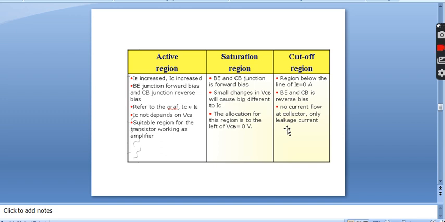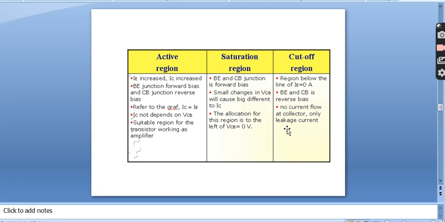In this cutoff region, base emitter and collector base are both connected in reverse bias. When input current equals 0, no current flows at the collector, so IE equal to 0 causes IC equal to 0.